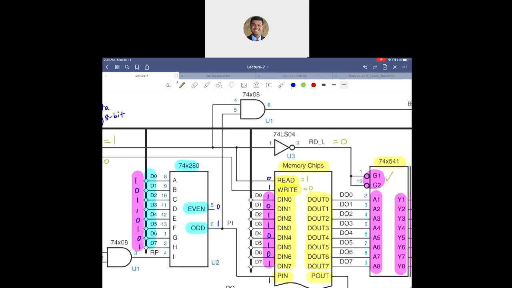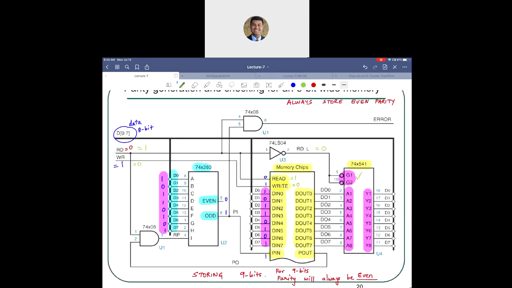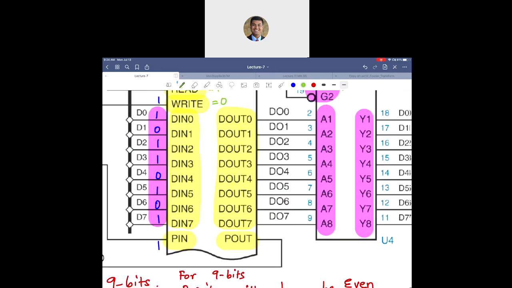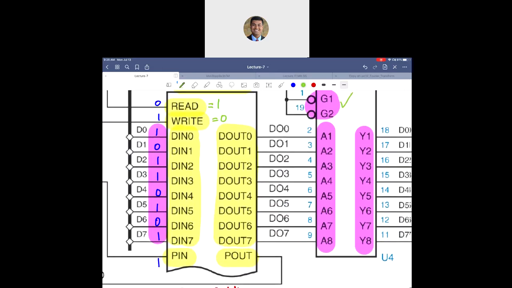So when I read, I'm assuming that all the bits will be read properly. Let's see what happens if I read things properly. Then these bits will be 1 0 1 1 0 1 0 1, and I will read the parity out as 1.